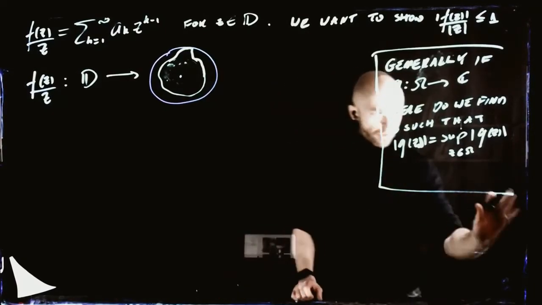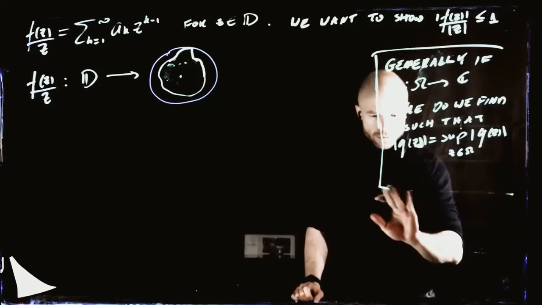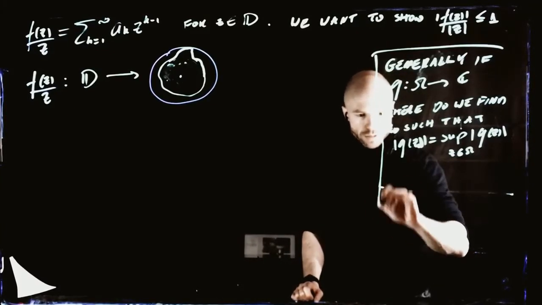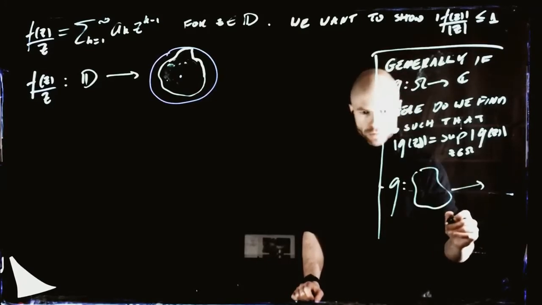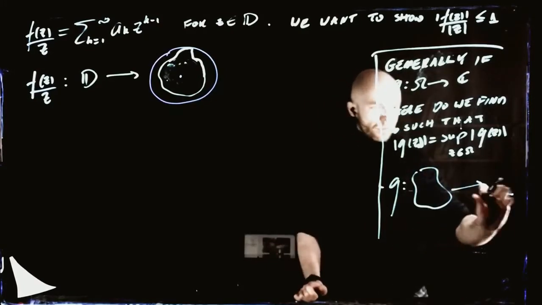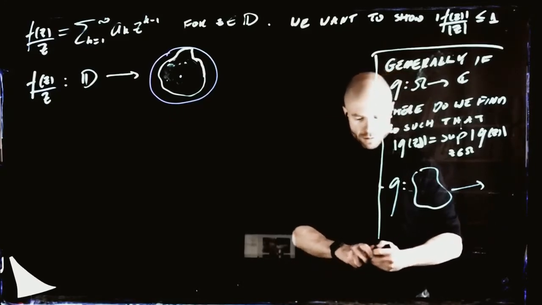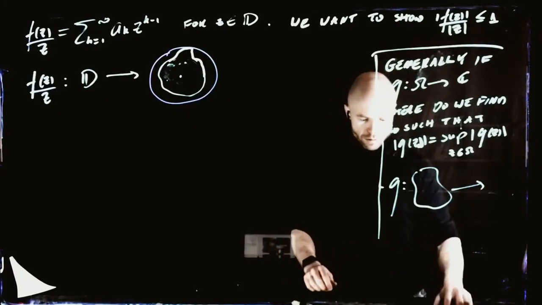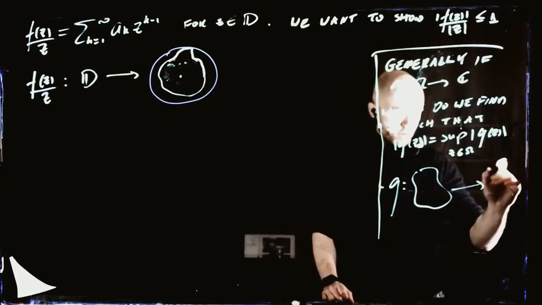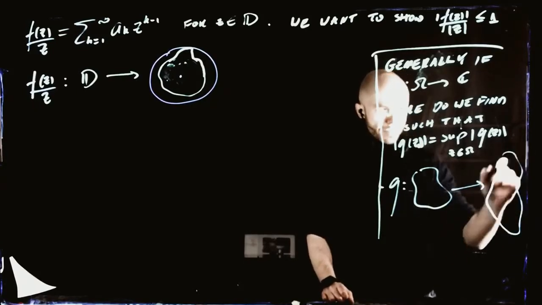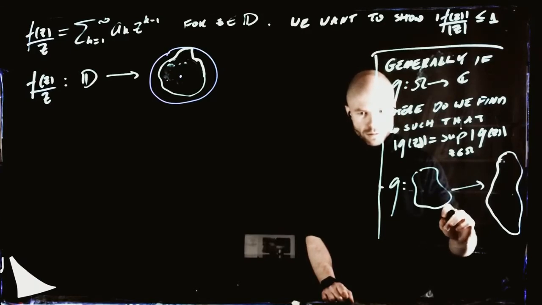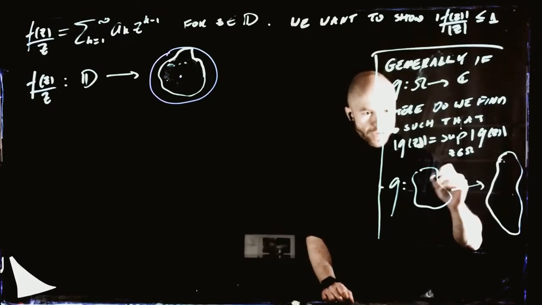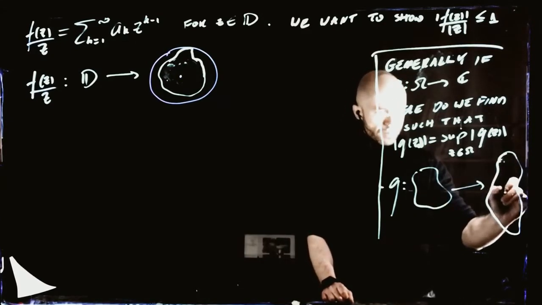This is just for a general holomorphic mapping, mapping some region into the complex plane. So where are we going to find the z that maximizes the distance away from 0?